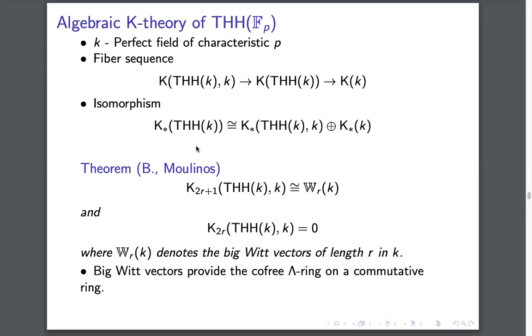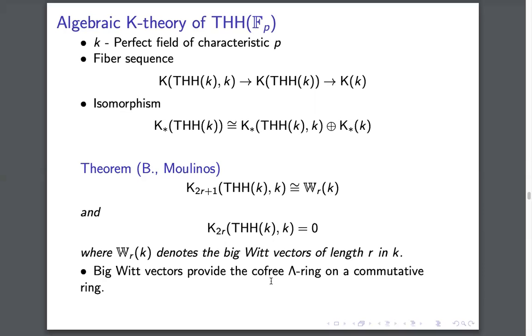It's saying that in degree 2r+1, these relative groups are given by Witt vectors of length r over K. Big Witt vectors on a commutative ring are actually the cofree lambda ring on that commutative ring.